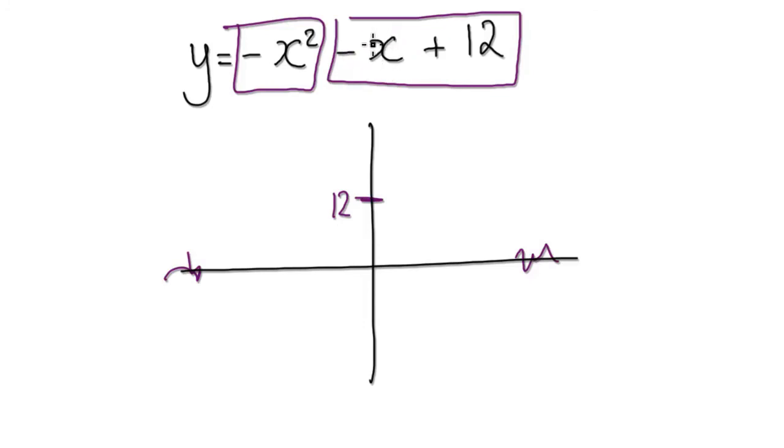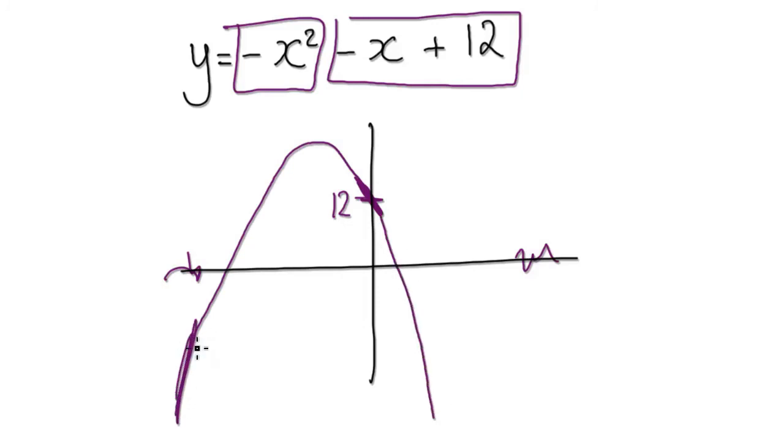So this has a gradient of -1. So -1 looks like that. It's going downhill, and then it has to do a negative quadratic. So go up and then down, and then straight down. So you can see it is a negative quadratic when x is big, and when x is small, it is doing this straight line here. So your graph will look like this.